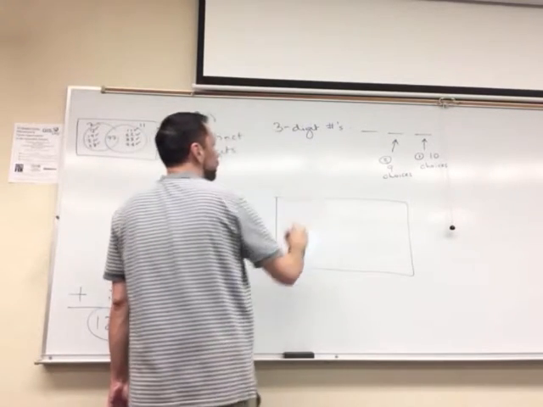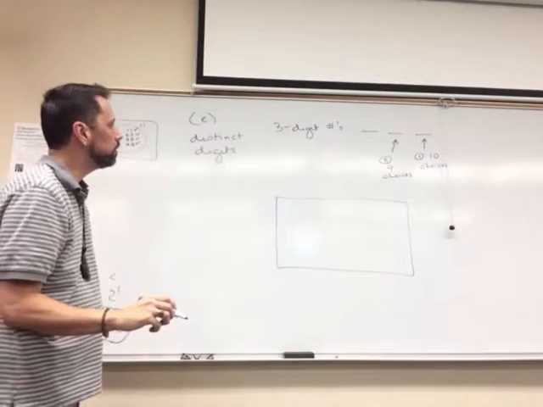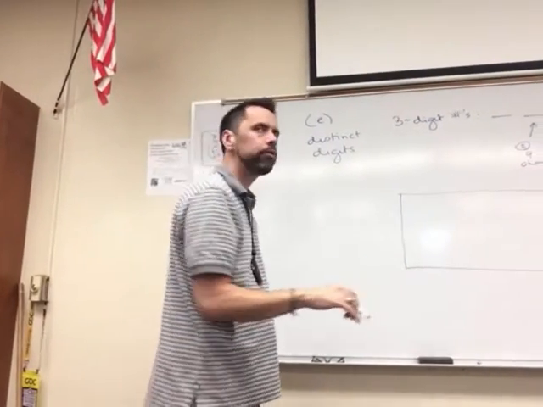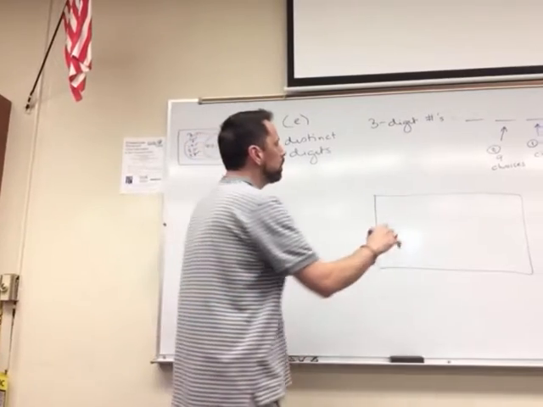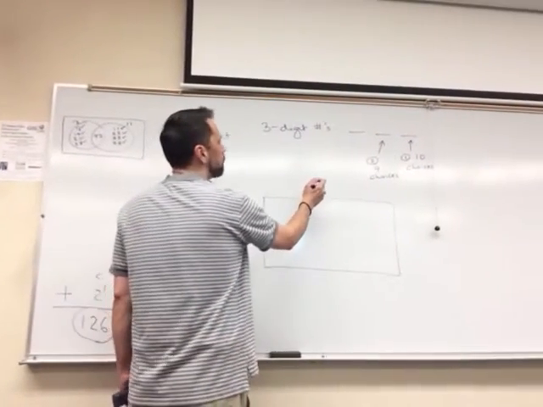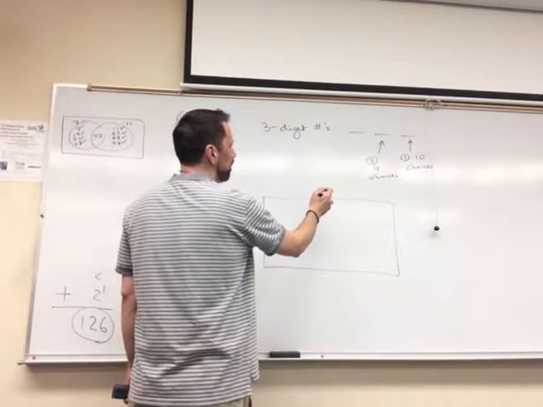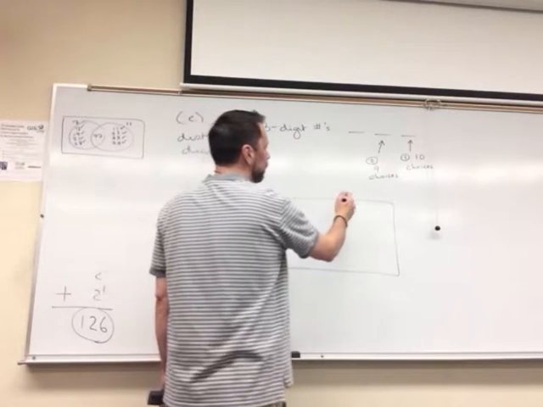Let me think about this for a second. Break it down into a couple of subcases. I'm just trying to think what they should be. Well, if you don't use any zeros at all, that's easy.